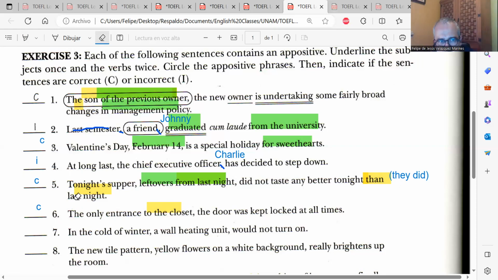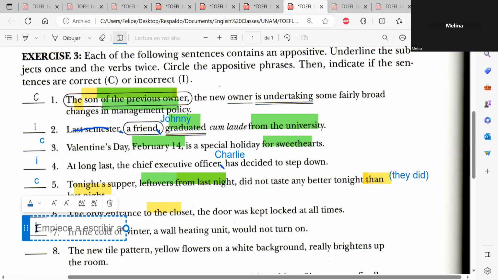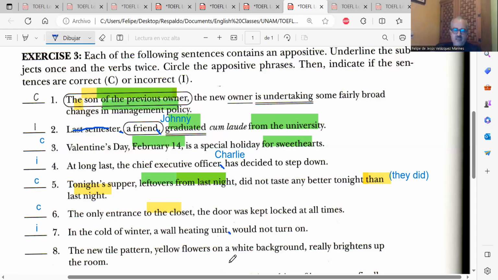Why? Because the appositive should be the subject, a wall heating unit. So how do we correct it? We eliminate the comma after unit. Okay, perfect.